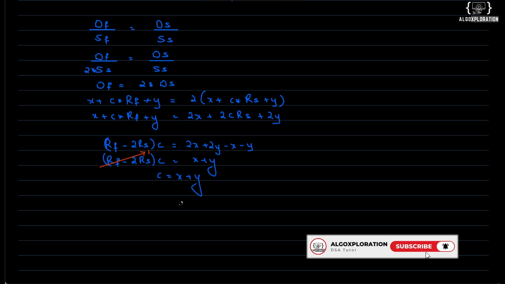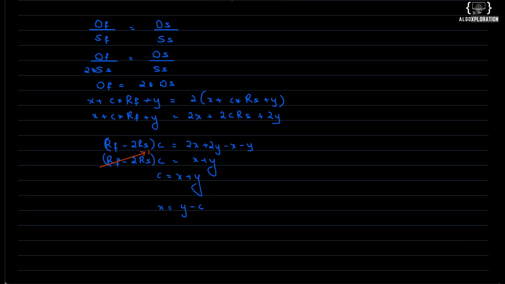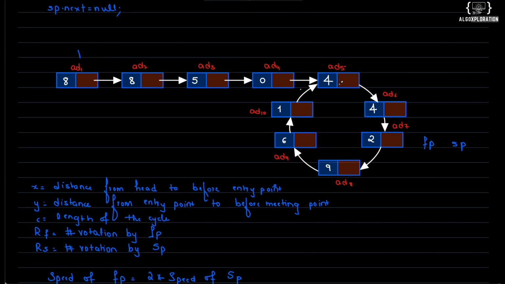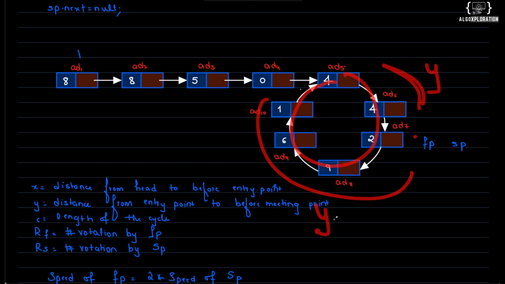Now if I want to find the value of x, it will be x is equal to y minus c. What is y minus c? If I take this as a complete c, and this is y, then obviously this will be y minus c. So x is equal to y minus c.